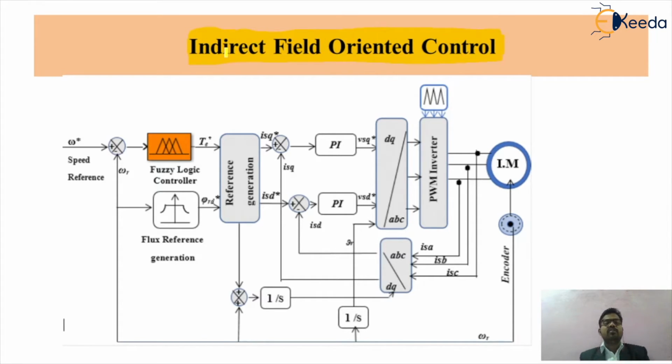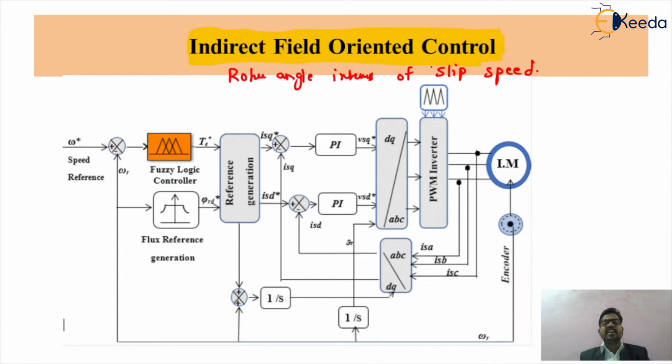So in indirect field oriented control, we want to control the value of the rotor angle in terms of slip speed. We are controlling this value not directly but indirectly through that particular slip speed.